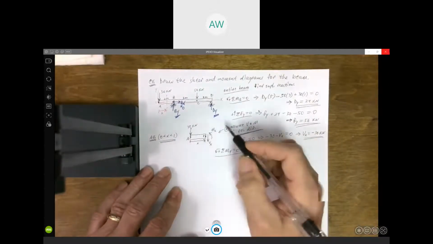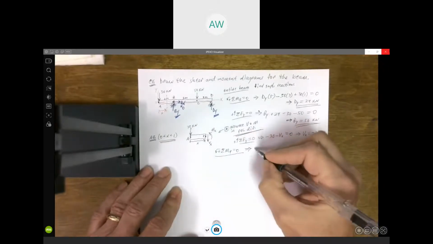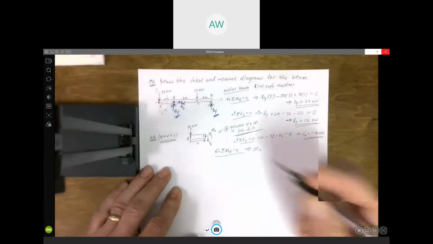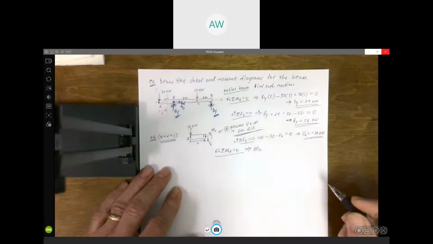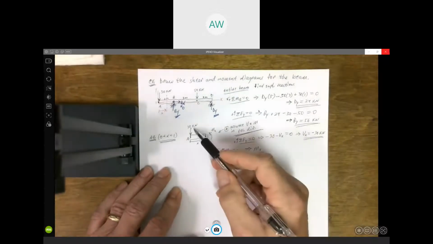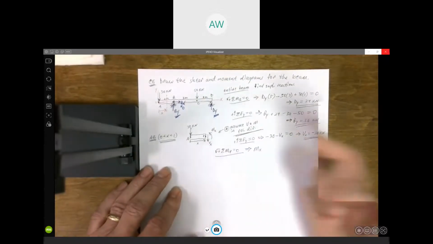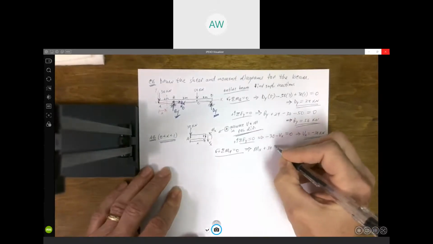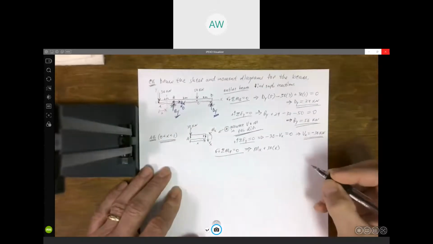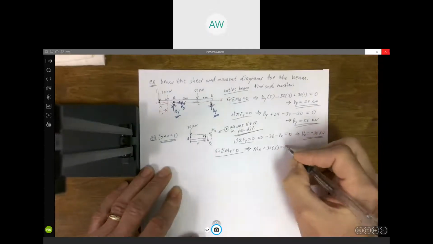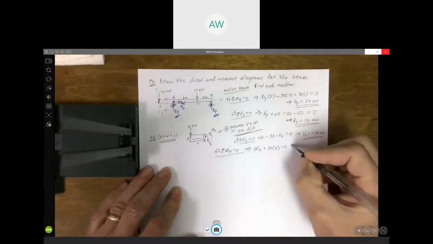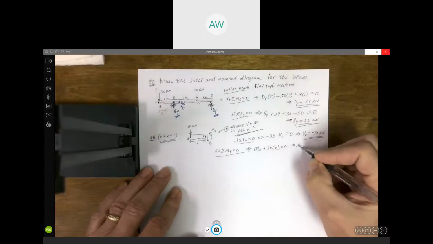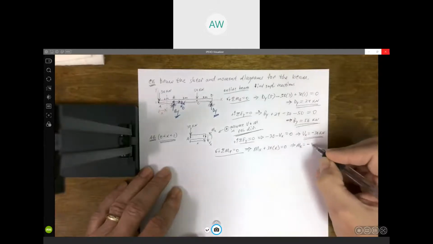So if we sum the moments about P, Vx goes through P, does not cause a moment. I've got my internal bending moment, I'll call it Mx. And the 30 times that distance, which is x, will be a positive moment. So 30 times x. And that's it. Equals 0. Solve for Mx. It would be minus 30x.